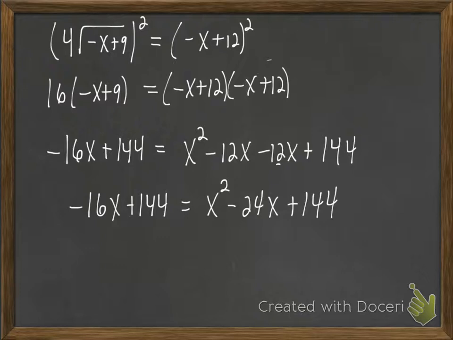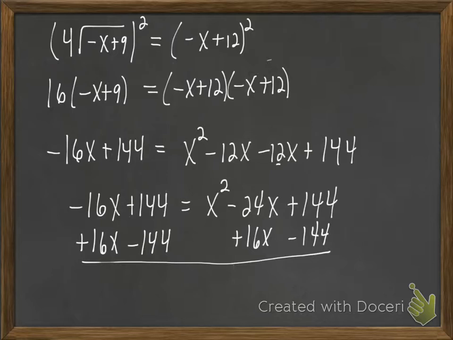It's a polynomial equation, so we need to get everything on one side equal to 0. So add 16x to both sides, subtract off 144. And then something nice happens as constants go away.